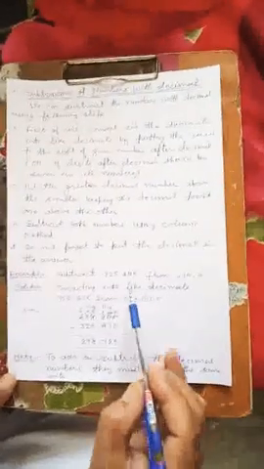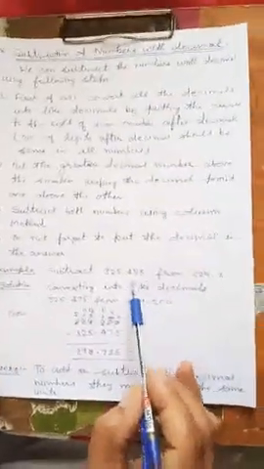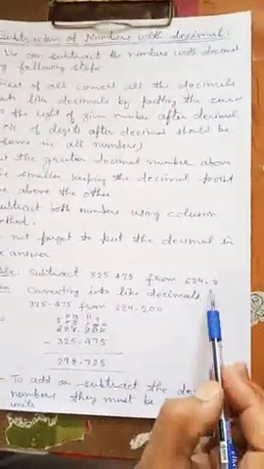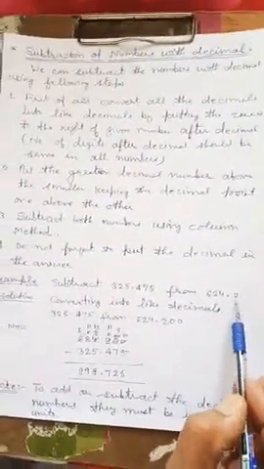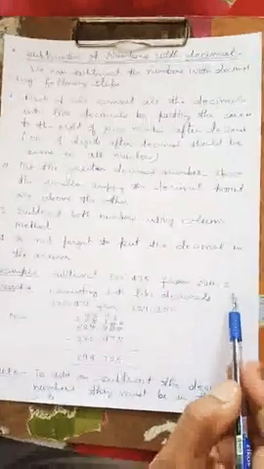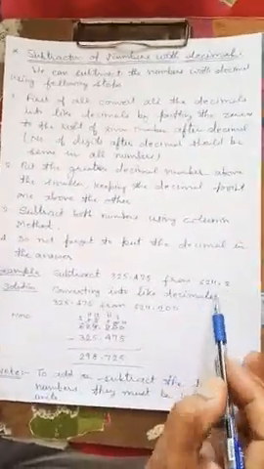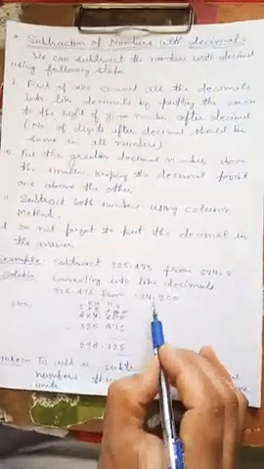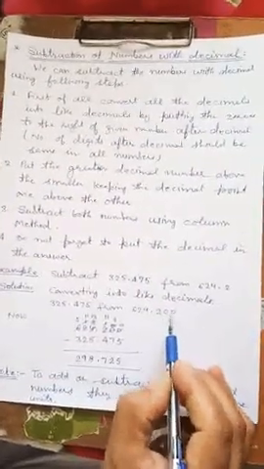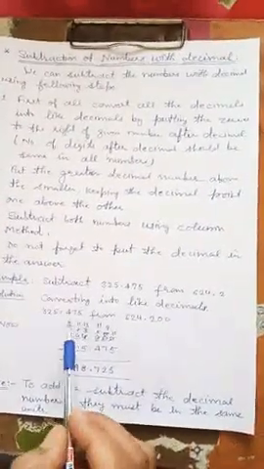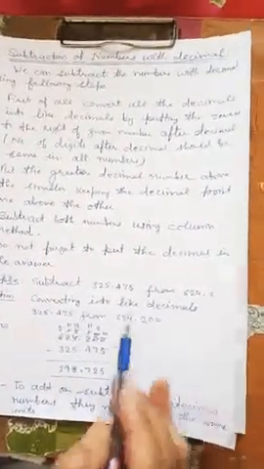We see that in this number there are 3 places after decimals, and in this number only one digit is there after decimal. So we can write this number 624.200. Now both the decimal numbers are like decimals.